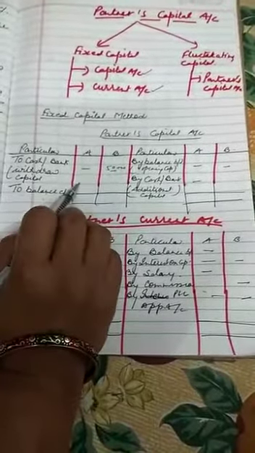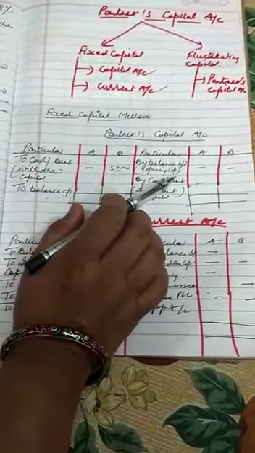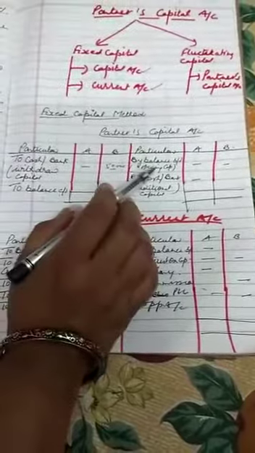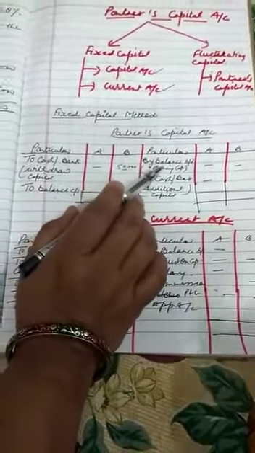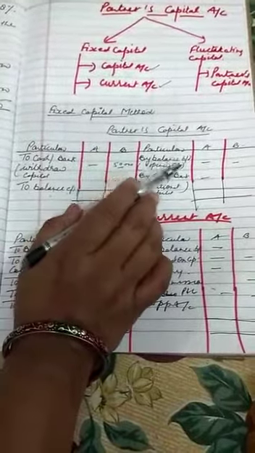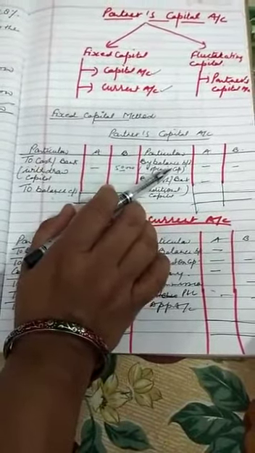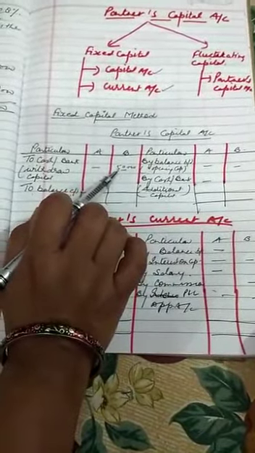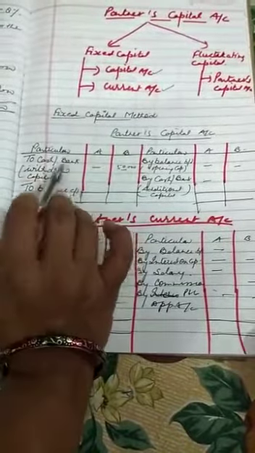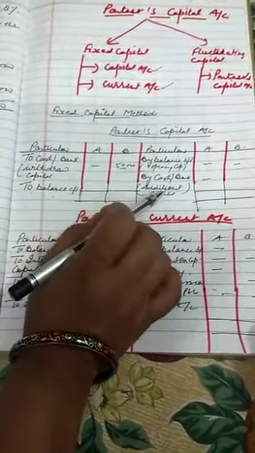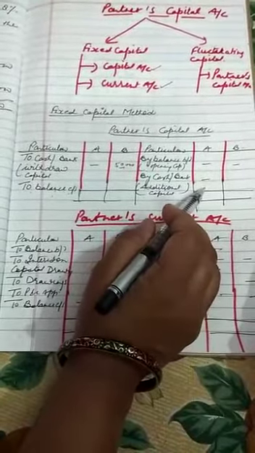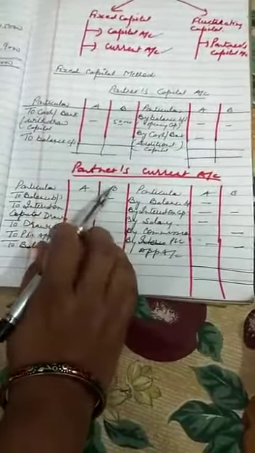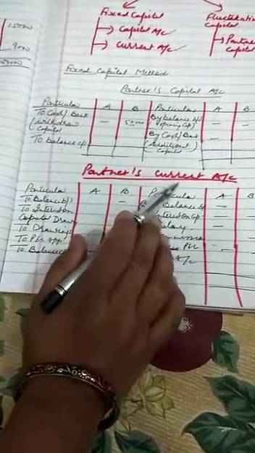In this method, capital is always credited, not debited, because when a partner initially introduces capital, it is shown in the partner's capital account. If a partner withdraws or introduces capital, the balances change. Is it clear? Then the next ledger prepared is the partner's current account.